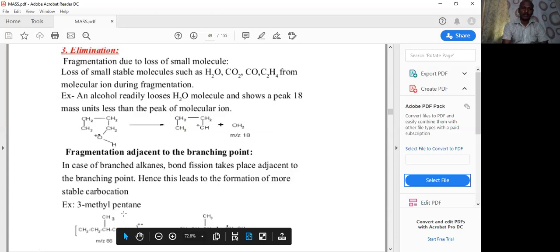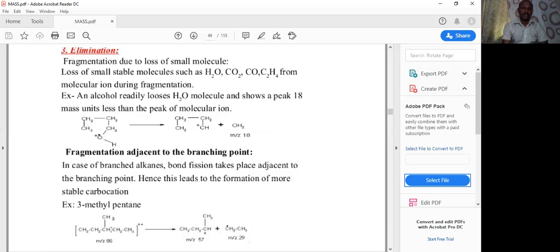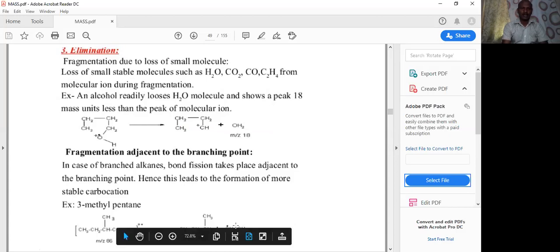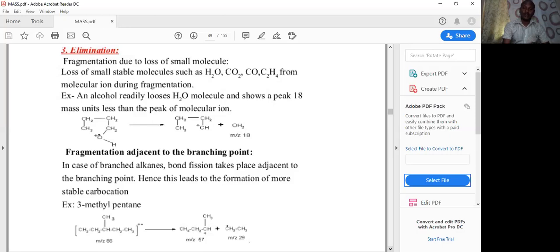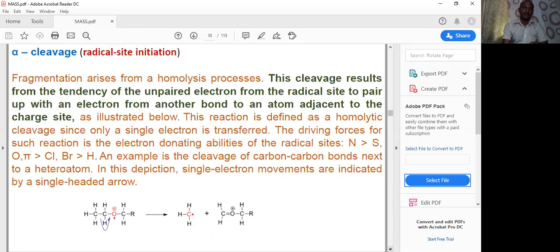So here also there is a branching point, and fragmentation takes place adjacent to it, and you'll have the radical, so that is elimination. And as I told you, only the ion will be recognized, and radicals will not be detected by the mass spectrometry detector.